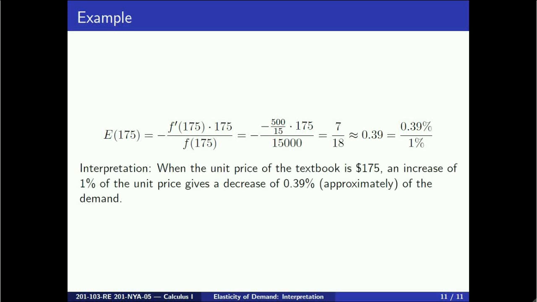When the unit price of the textbook is $175, an increase of 1% of the unit price gives a decrease of 0.39% of the demand. Remember that this gives us an instantaneous representation of what happens for a single value of the unit price, here $175 per unit. The percentage change of demand would differ at a different value of the unit price.